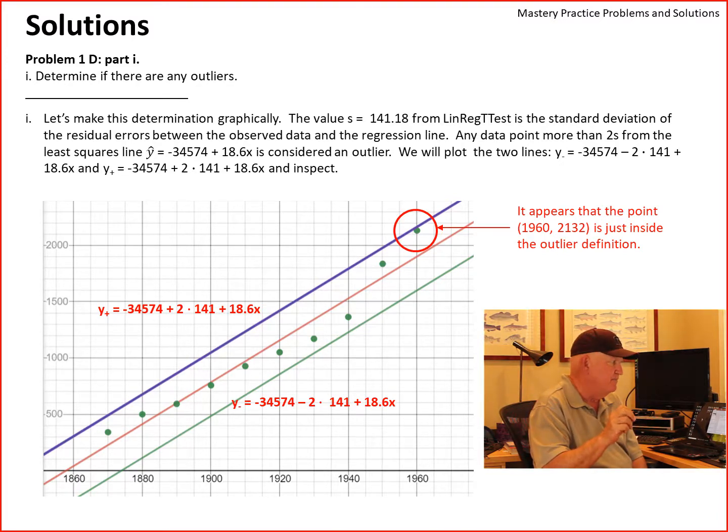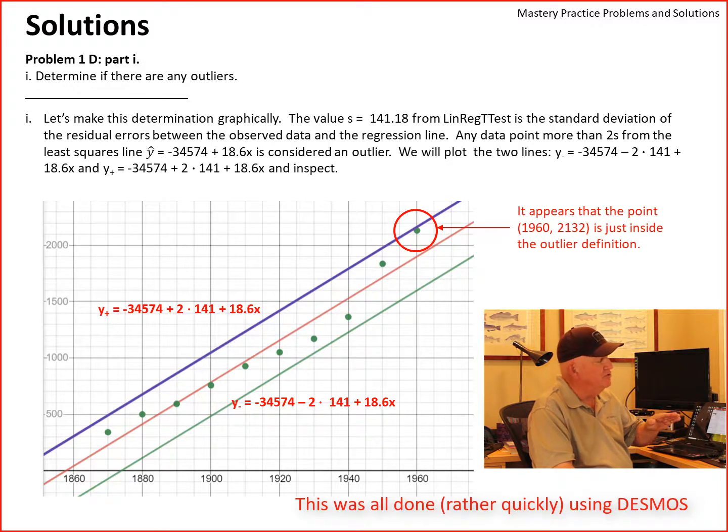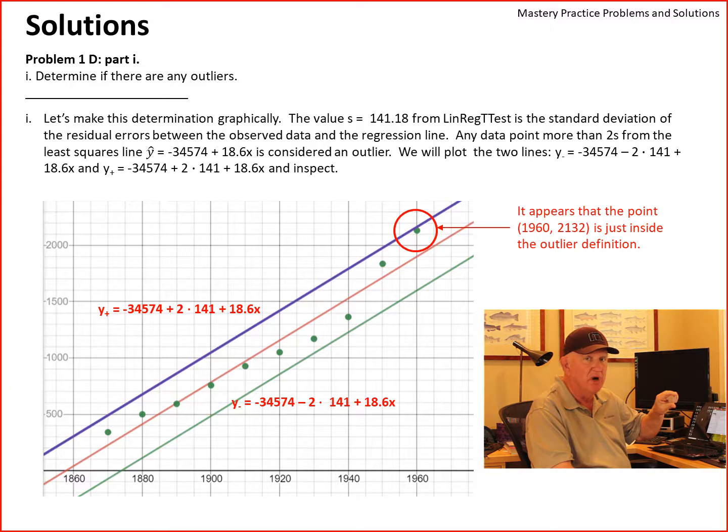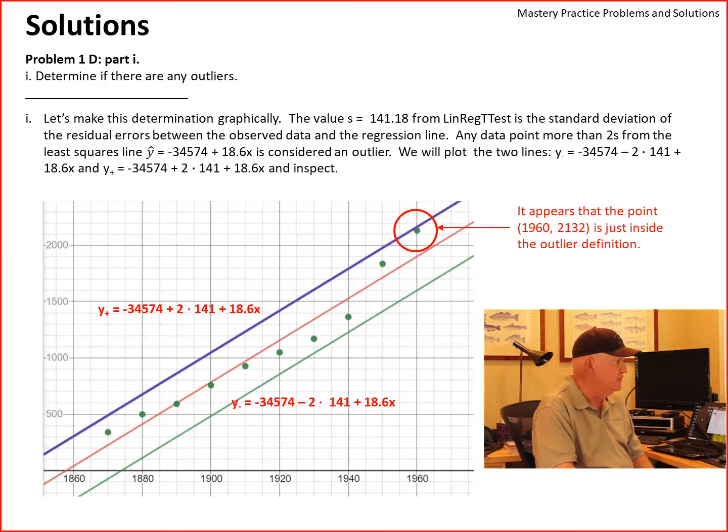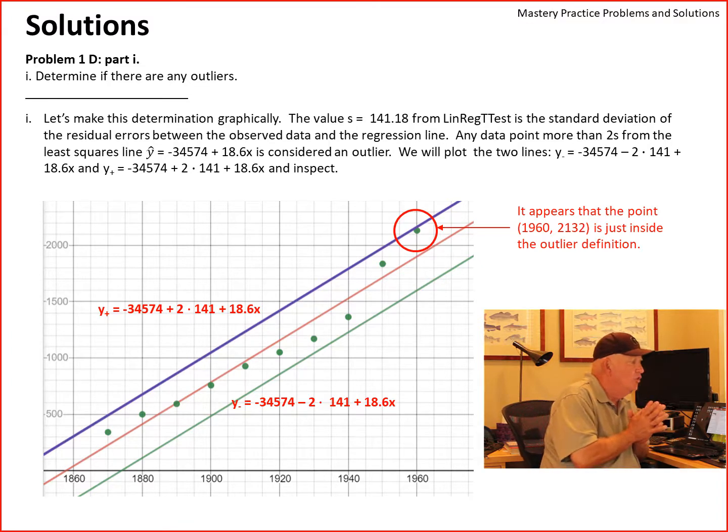The way you would do it is, off of the linear regression line, you would draw another line that's parallel but is 2 standard deviations above the regression line, and a third line which is 2 standard deviations below. It's a simple thing to do. Remember that red line is the linear regression line, a plus bx. a is minus 3457.4, b is 18.6.